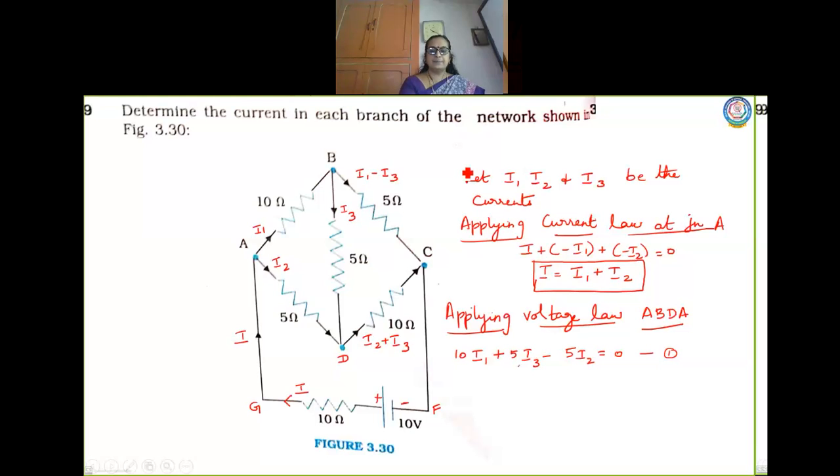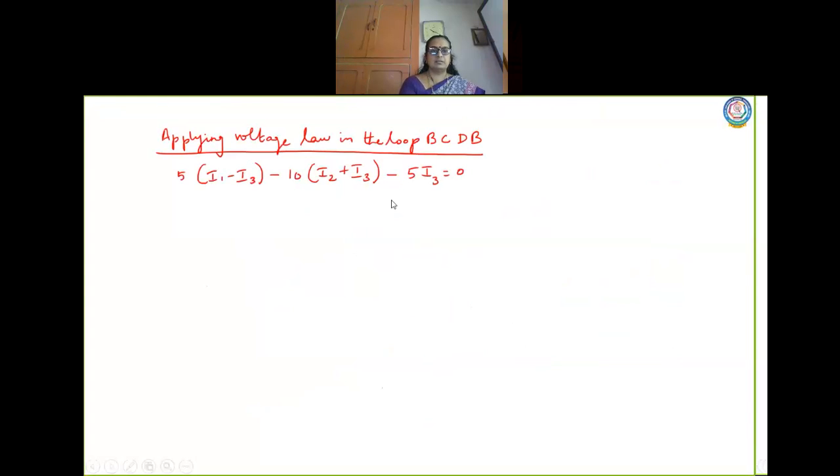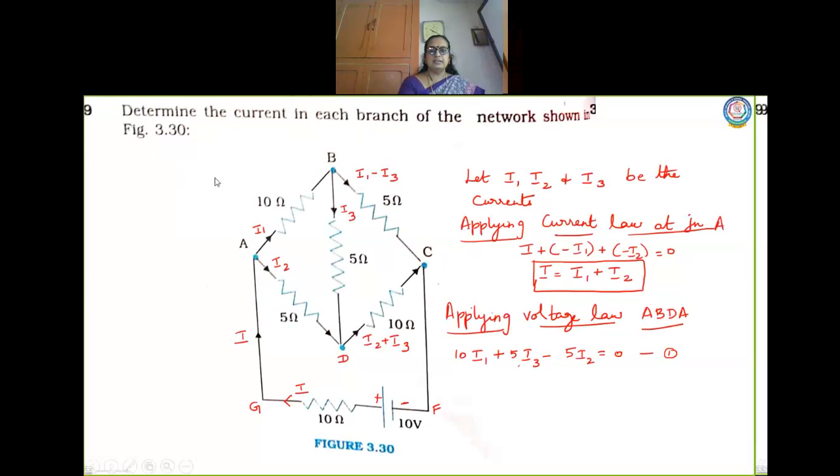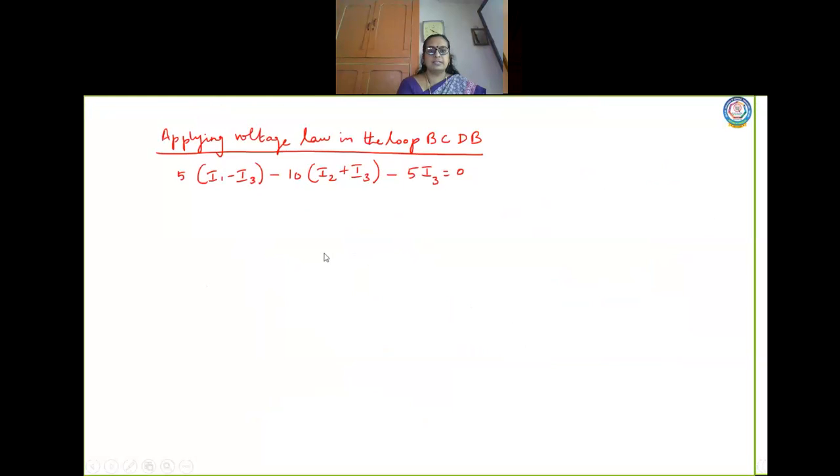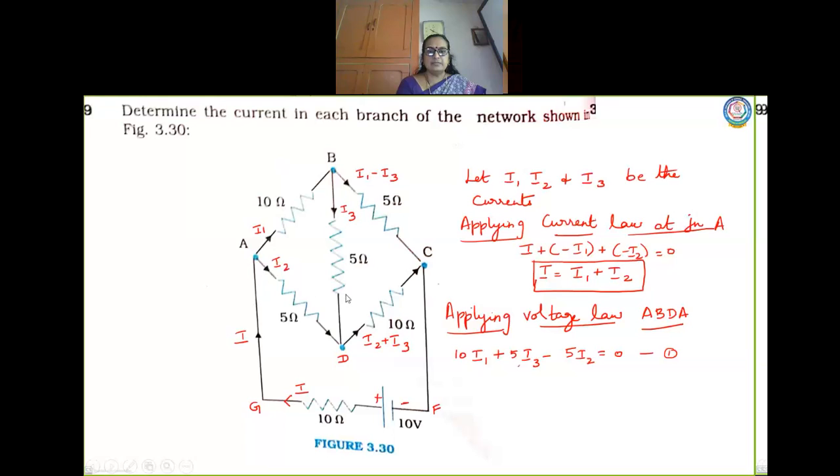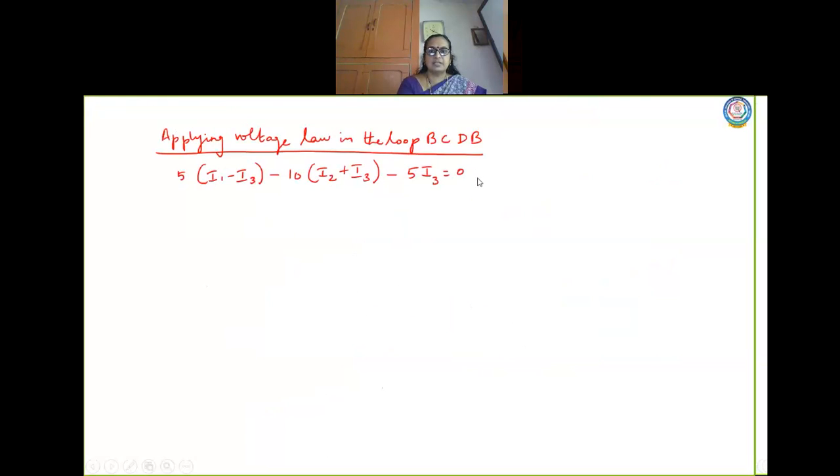Look at the diagram. Now this is I1 minus I3 into 5 ohm, so that I have written first. Then here the direction of current is in the opposite direction, so it is (I2 plus I3) into 10 with a negative sign. Then again it is 5 into I3 with a negative sign, so it is minus 5I3 equal to 0.